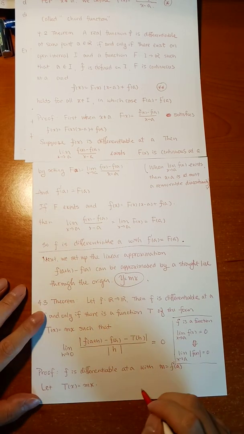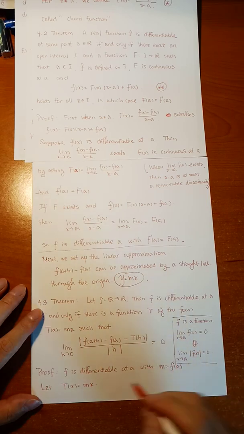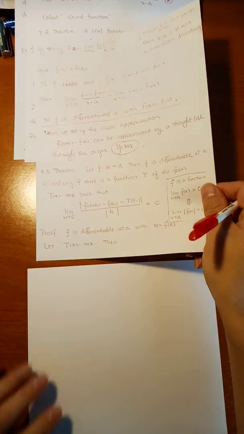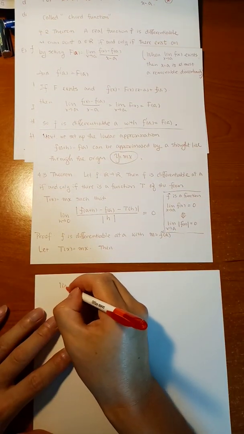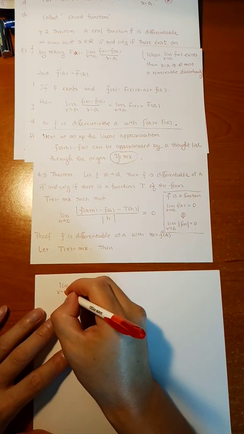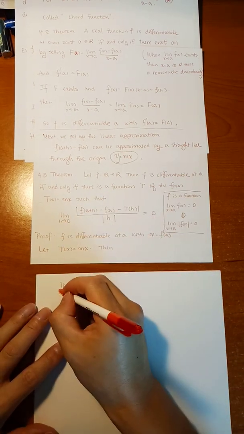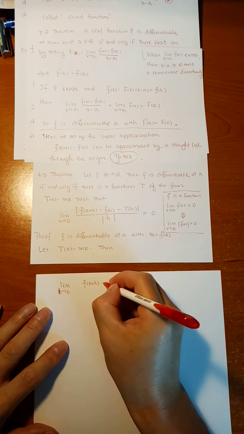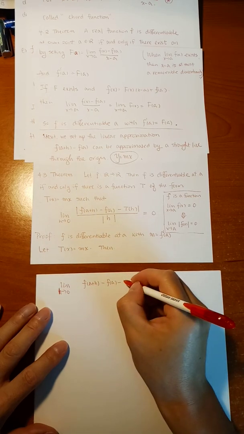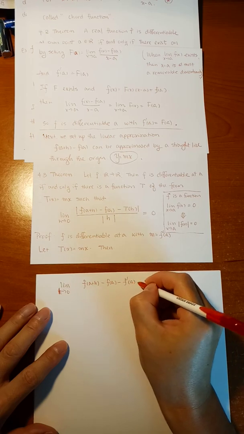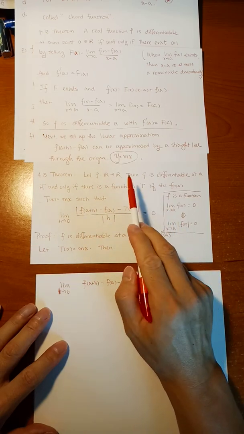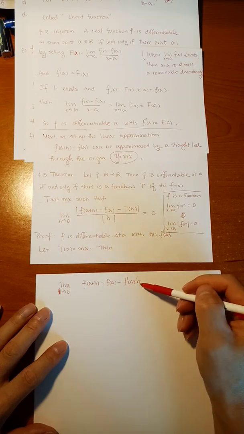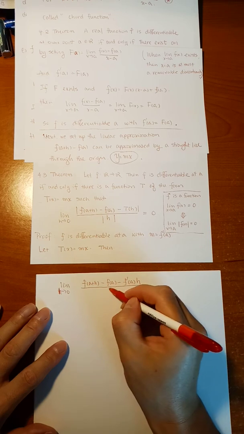Then what do we have? We have the limit as h approaches 0 of f of a plus h minus f of a minus f prime of a times h. Remember, t has the form mx, so t of h is m times h, all over h.